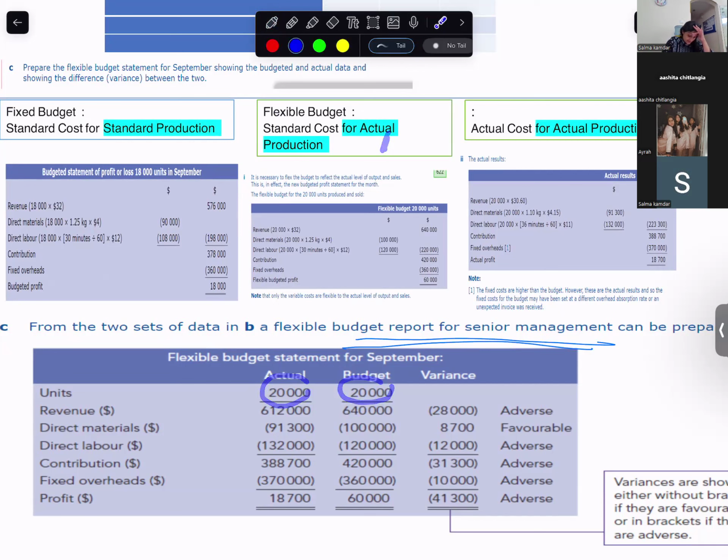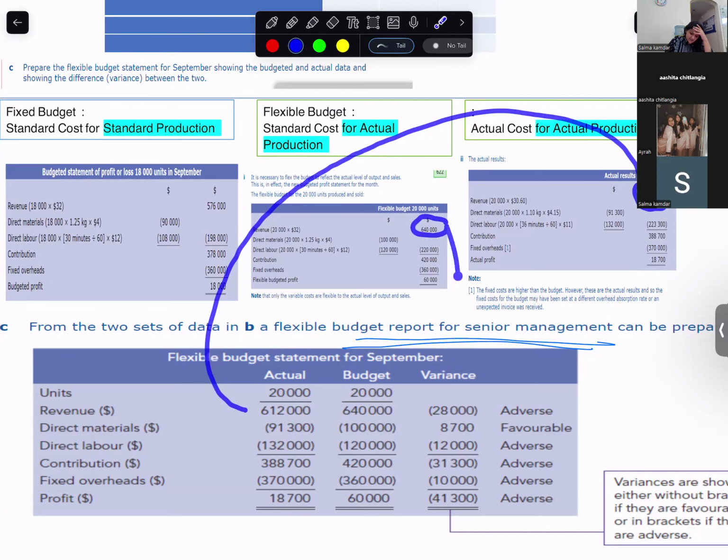Now let's talk about the sales variance. What is your actual sales? 612,000. What is your sales as per flex budget? 640,000. Please remember the quantity of the units sold is the same.